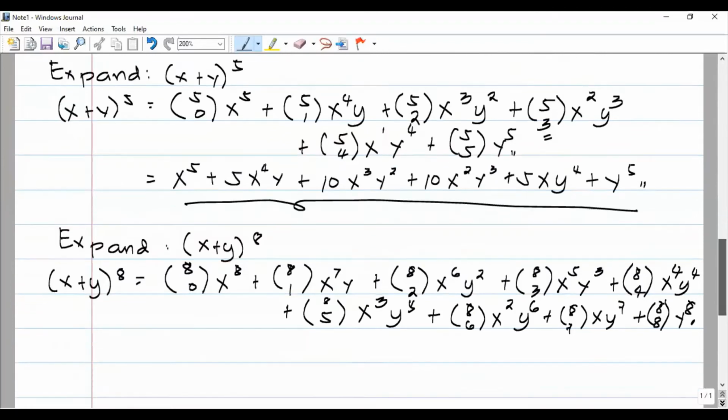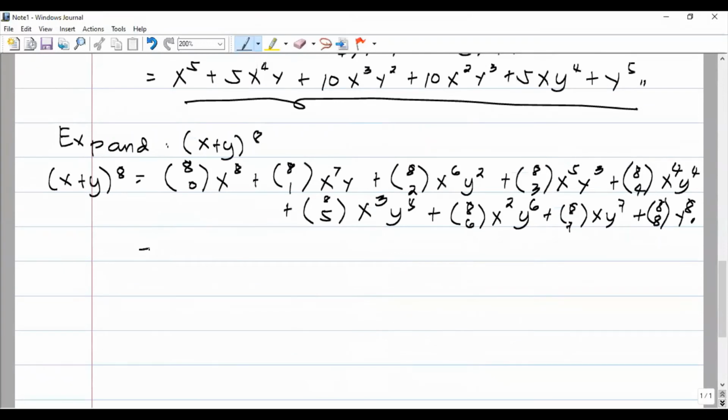So the final answer, expanded form, is: combination of 8 taken 0 at a time is 1 times x raised to 8 is x raised to 8. Plus the combination of 8 taken 1 at a time is 8 of x to the 7th y. The combination of 8 taken 2 at a time is 28 of x to the 6th y squared.